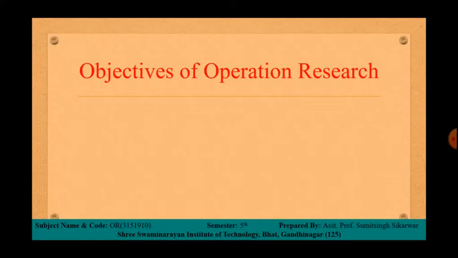Hence, it is desirable for a modern manager to use scientific methods with a mathematical base while making such decisions instead of depending on guesswork and thumb rule methods. Hence, the knowledge of operations research is an essential tool for managers who are involved in the decision making process.